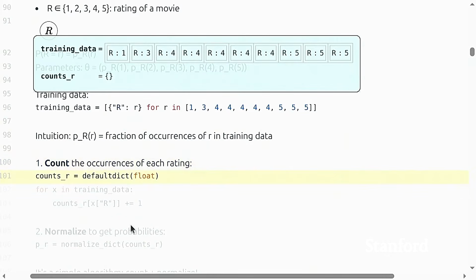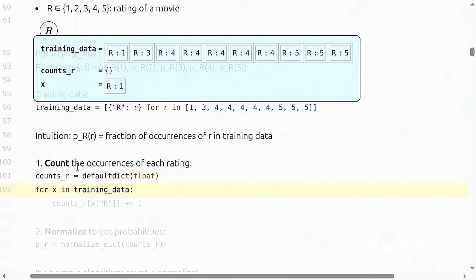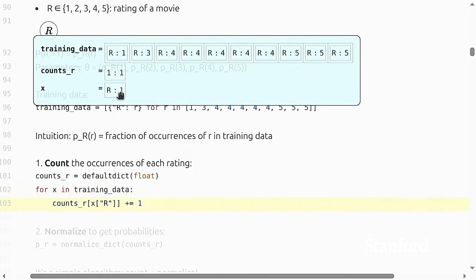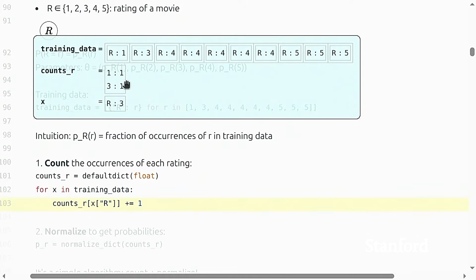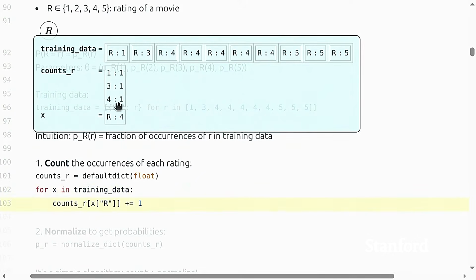So we're going to keep count of the number of times we saw each rating. For every x, I'm going to increment the rating and its count. So I saw 3, so I update 3, I get 1 count. 4, I get 1 count for 4. I get another 4, so 4 gets bumped up to 2.